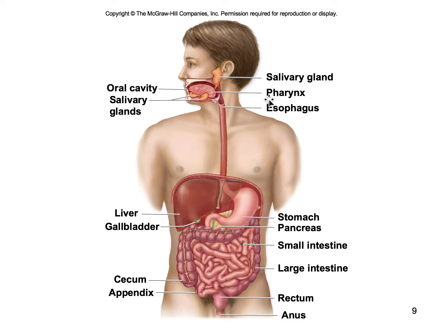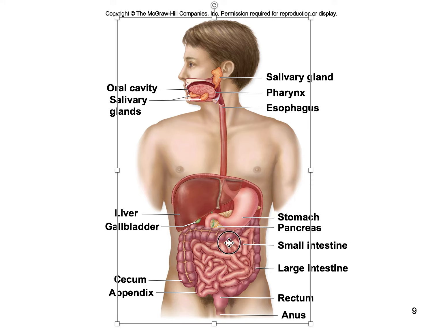The tube connecting the pharynx to the stomach down here is the esophagus. It's a muscular tube that actually squeezes food down the path, and we'll look at a little diagram in a second. And after the stomach, we reach the first portion of the small intestine, the duodenum over here. This is where a lot of the accessory organs, the liver, the gallbladder, and the pancreas, actually do their work.